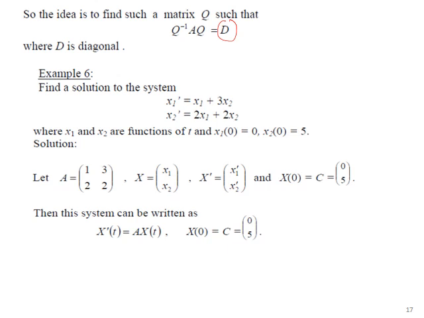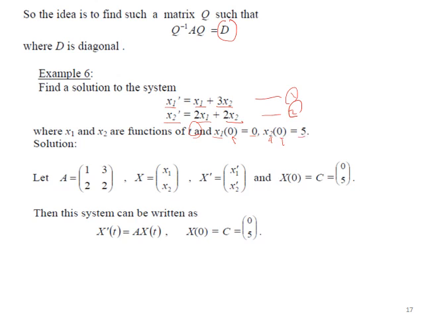Now let's apply this idea in this example. He gave me two equations: x1 dash equals x1 plus 3x2, and x2 dash equals 2x1 plus 2x2. And he also told me that x1 and x2 are functions of time, with x1 at time 0 equal to 0 and x2 at time 0 equal to 5. Now let's first write the matrix form for the two equations.